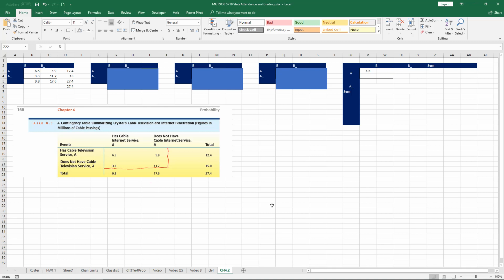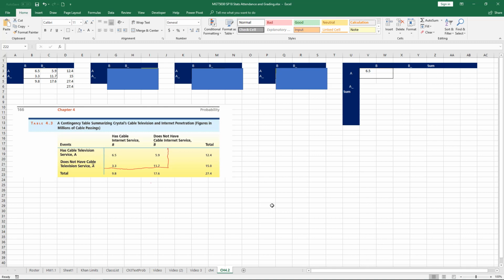To get familiarized with our matrix, the number of customers that have television and internet is 6.5 million people. The number of customers that have internet service but no TV is 3.3.